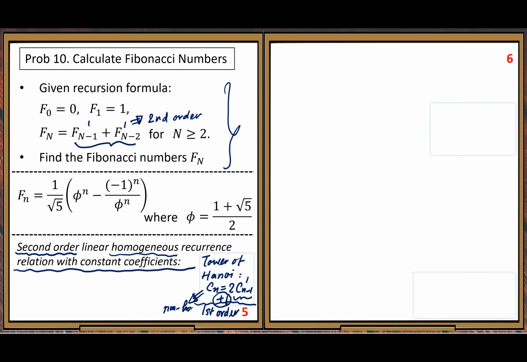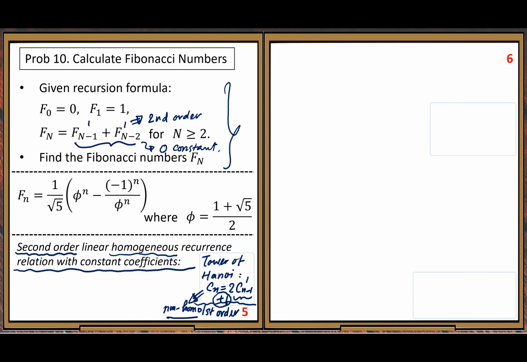And look at here, the constant part is 0. For an equation, when the constant part is 0, we call it a homogeneous equation. That's the name. So this one has that homogeneous property.